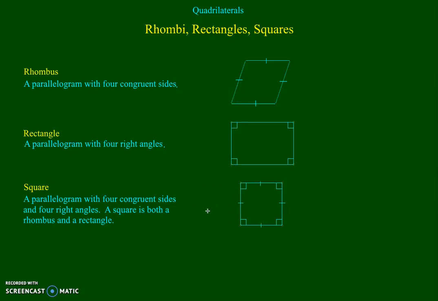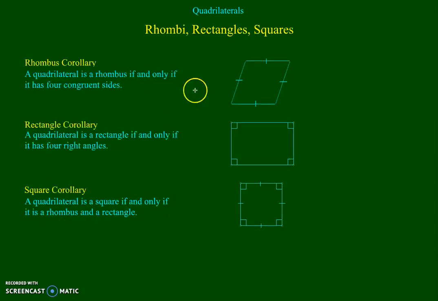So now let's take a look at the properties of these three shapes that distinguish them from an ordinary parallelogram. The first thing we're going to look at are three corollaries that help us distinguish between quadrilaterals and rhombi, rectangles, and squares. The rhombus corollary says that a quadrilateral is a rhombus if and only if it has four congruent sides.